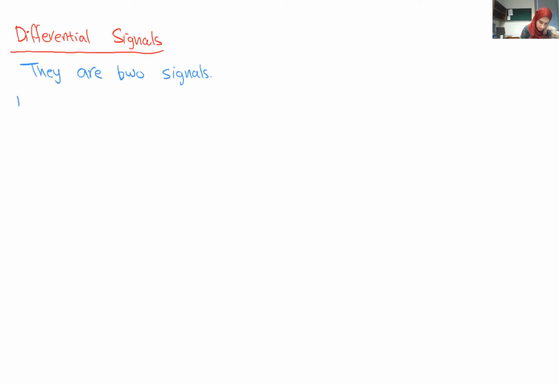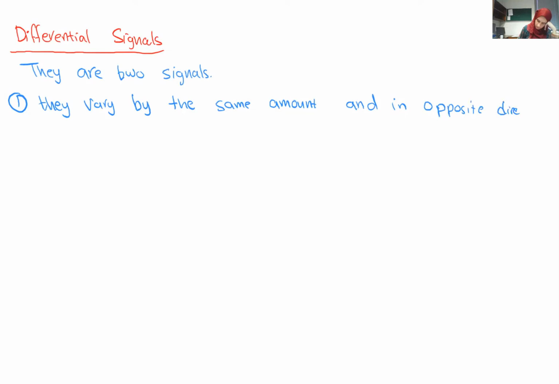The first is that they vary the same amount and in opposite directions, let's say, on opposite values. I will explain this.